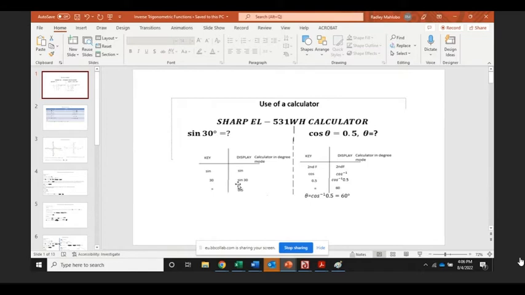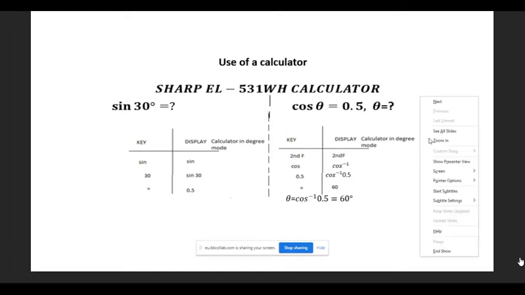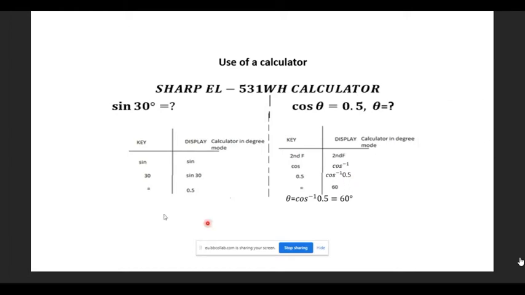If you are expected, let's say, to use a calculator, and you have to find sine of 30 degrees, what you usually do is this.